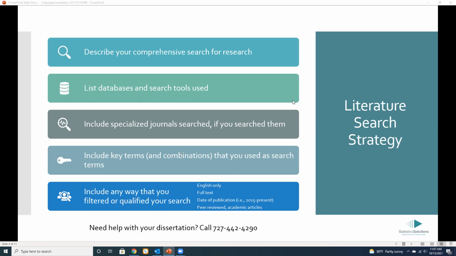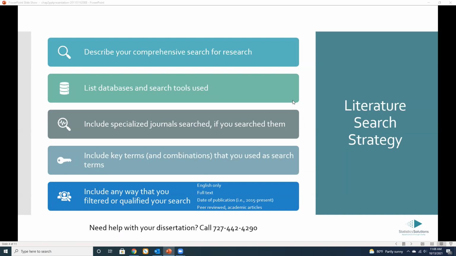You want to include the key terms that you used in your search, and their combinations. And these aren't anything mysterious. These are going to just include basically your variables, your factors, your major concepts, maybe your theory, but you want to list those.